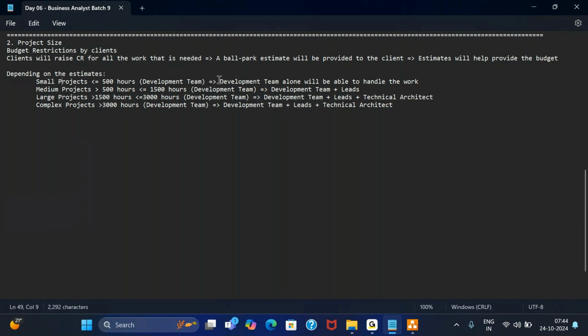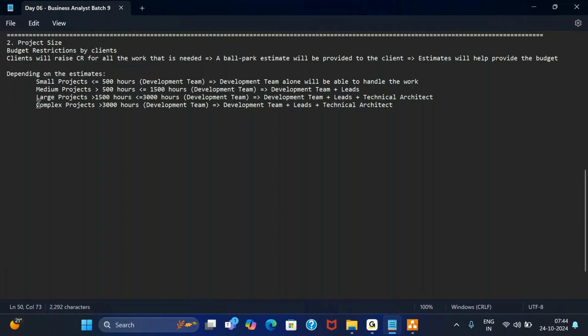That's the expectation. That does not mean that every developer is smart, everyone knows everything, and that you don't need anyone's help. But that's the way to plan things. Then if you're working on a medium project, probably I need more of technical lead support, and then the technical lead can internally guide the developer.